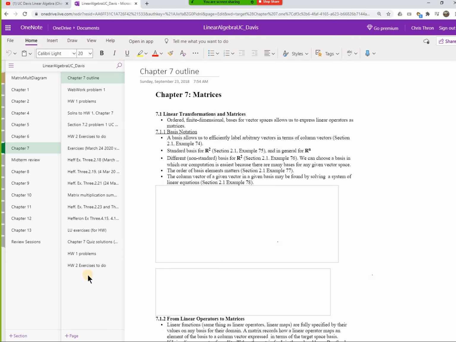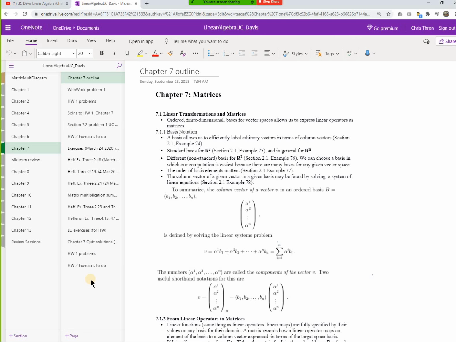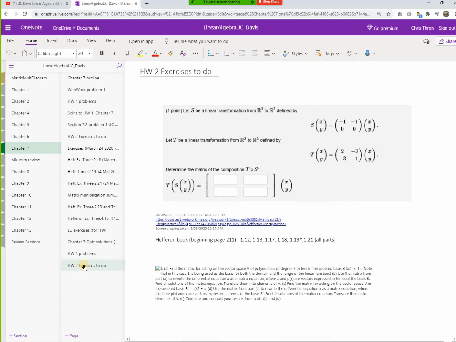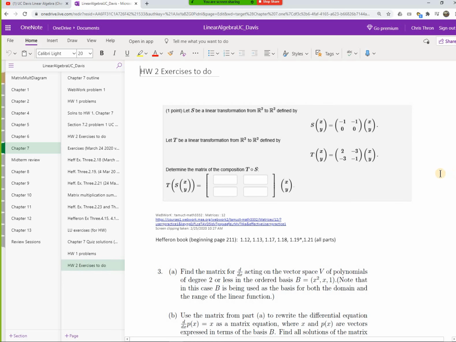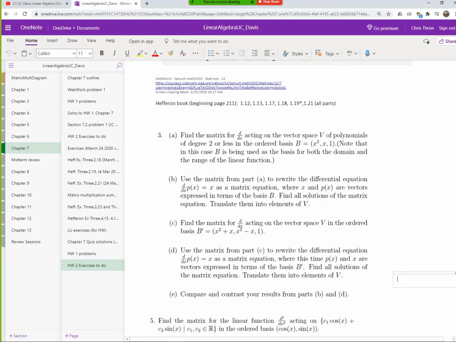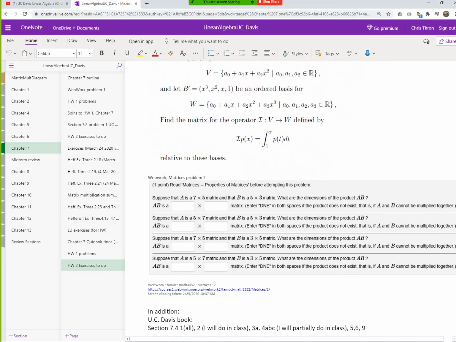I'm not sure that the notebook has updated so far. No, actually, I think it has. This is what we've just been working on right now. And the stuff that I've done should be down at the bottom. Yeah, there's number 3. It may not have updated, but it will. I'll make sure that it updates.